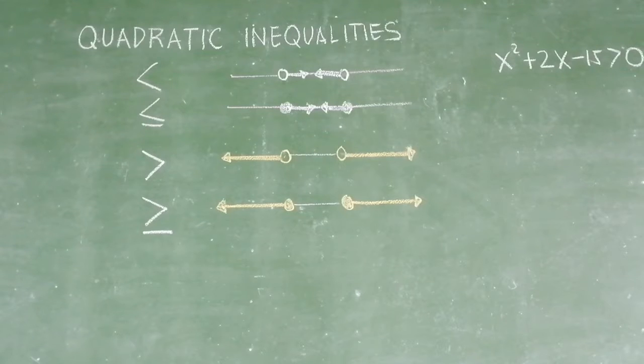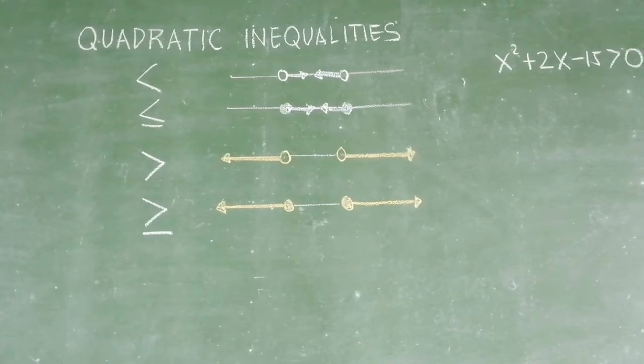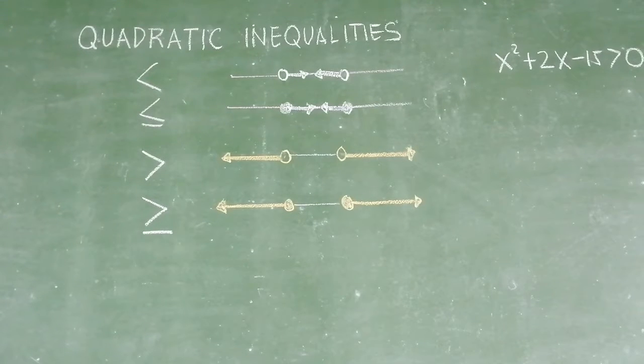Also, the less than or equal to: the same, the solutions will go toward each other on the number line. And this time, the circle is shaded or solid, meaning that point is included as a solution.